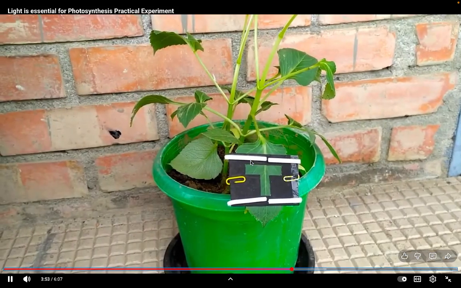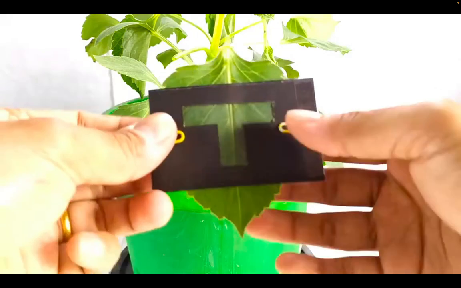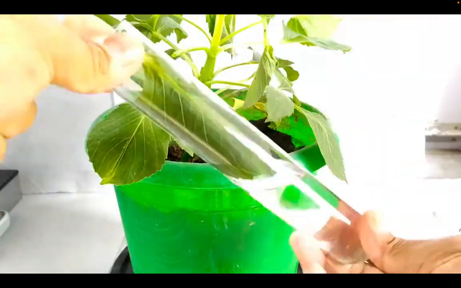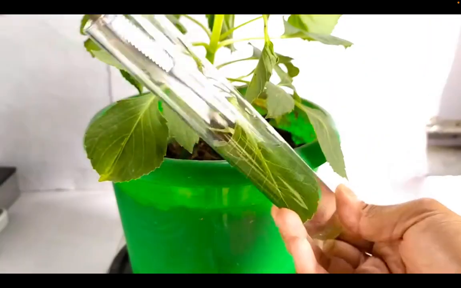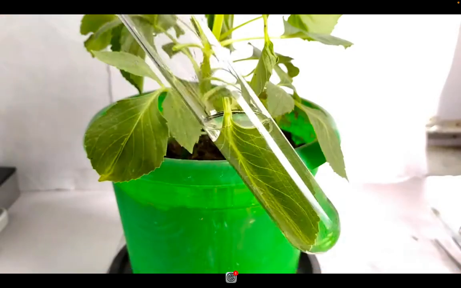Place the potted plant in sunlight for several hours. Then, detach the leaf from the plant and remove the black paper from the leaf. Now, introduce the leaf into the test tube containing the alcohol solution. Remember, we are putting it in alcohol solution to make sure that we remove the chlorophyll.